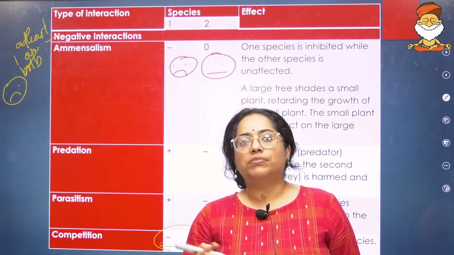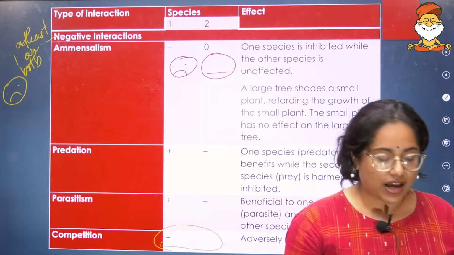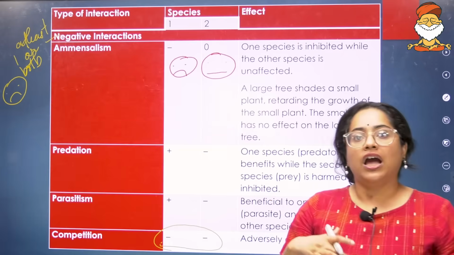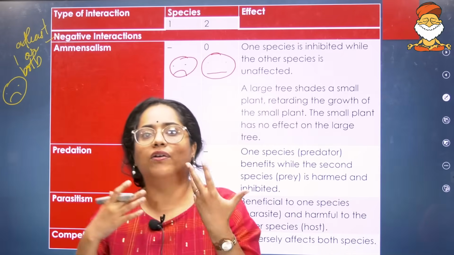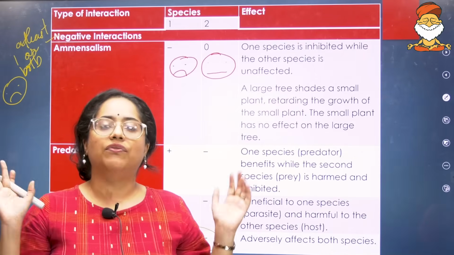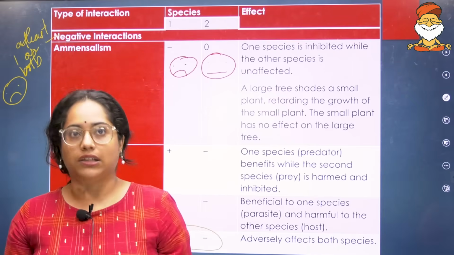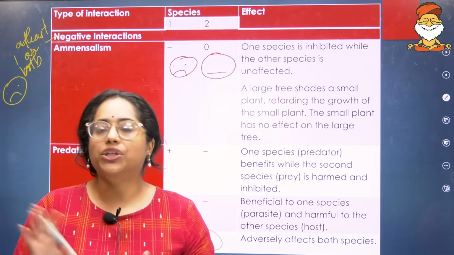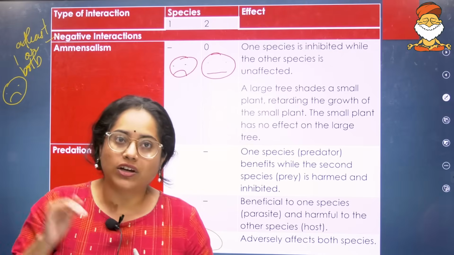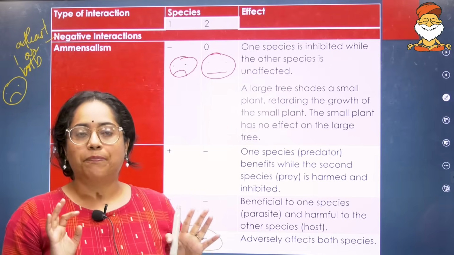Like, for example, a large tree shade, where what happens is you have a large tree and the tree is doing its job, it's taking water and air and everything, and it's growing. A small plant that happens to grow under the tree will easily start perishing because it will not get sunlight or it will not get proper nutrients because the tree is taking it.